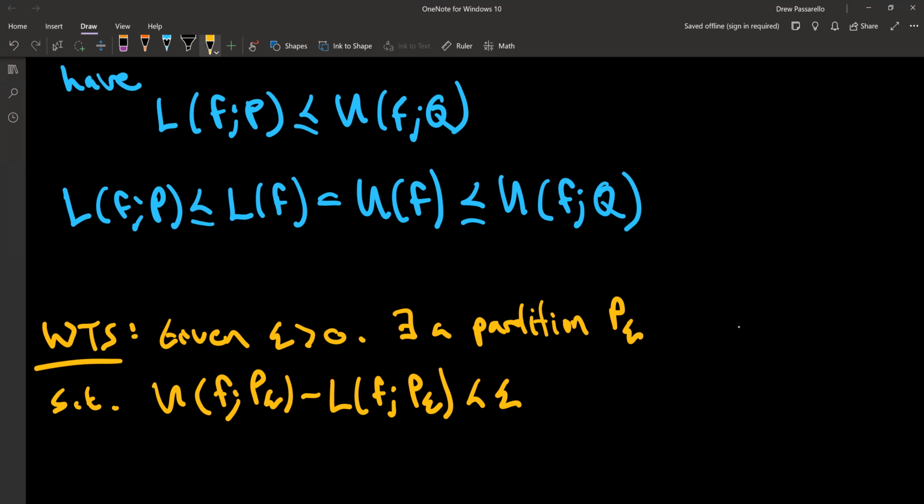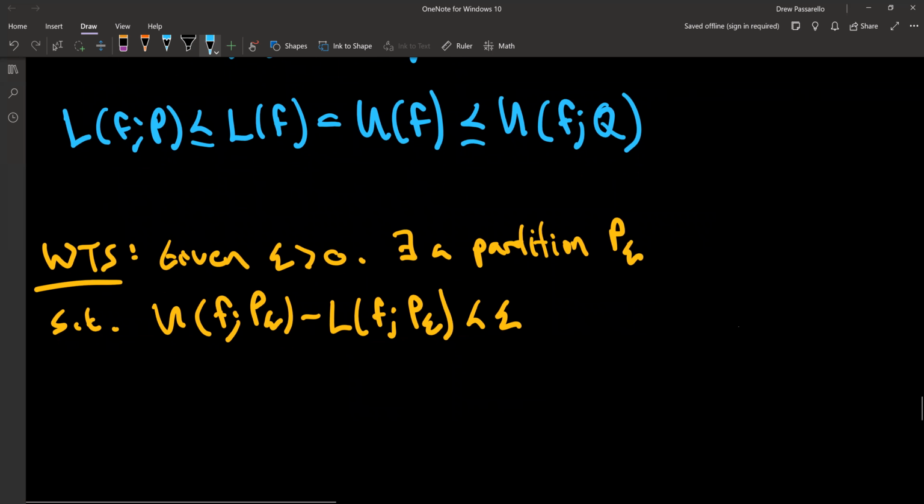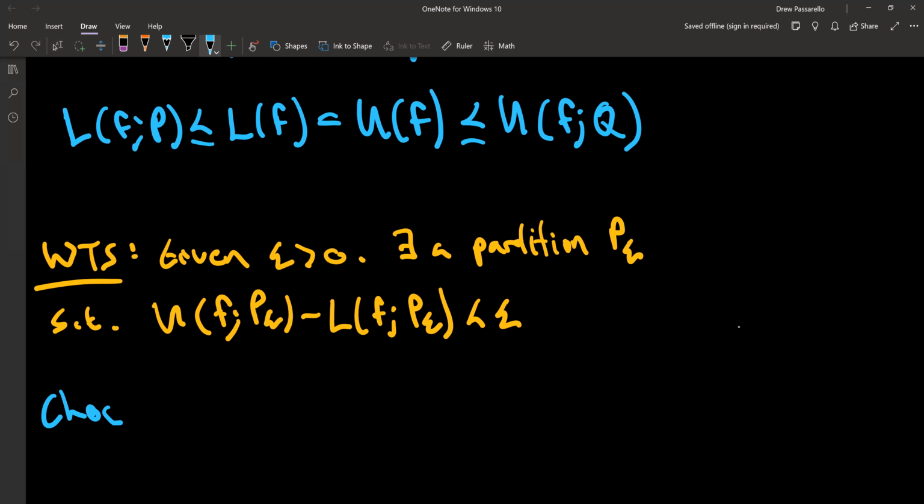So that's what we're trying to show. All right, so we got to choose epsilon greater than 0.